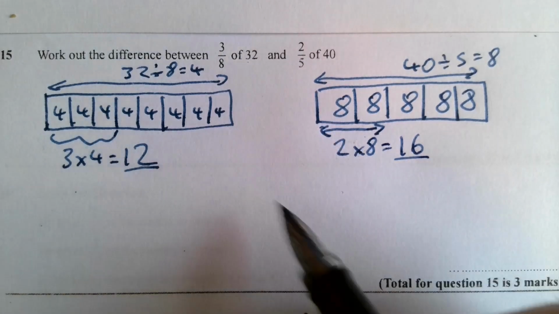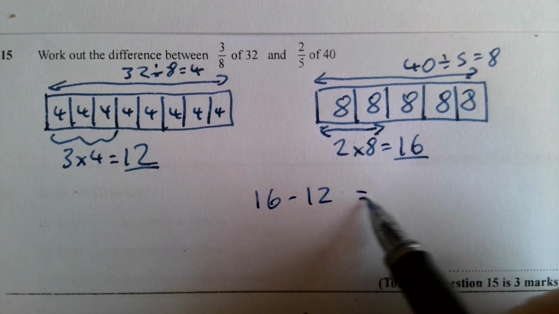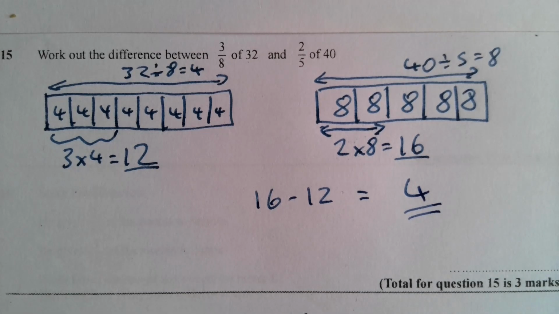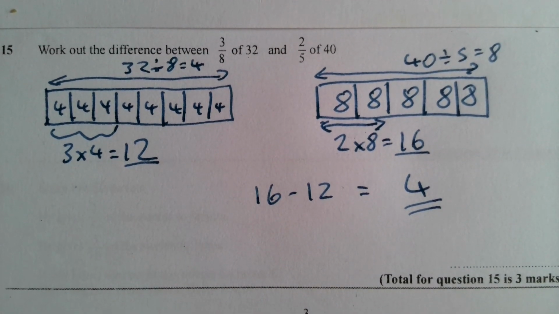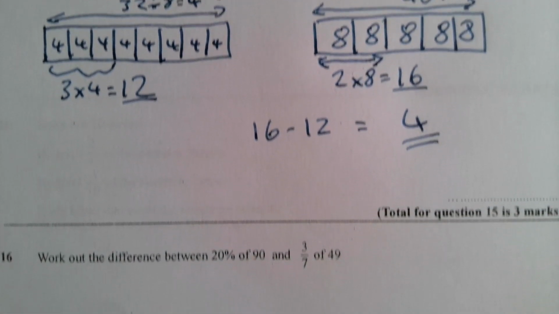So the difference between them, well, 16 take 12 equals 4. So the difference means take one from the other and see what you've got left over, or count up from one to the other, gives you the same idea.